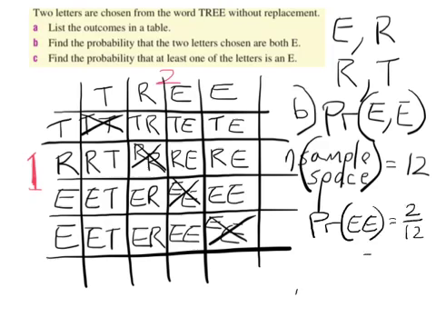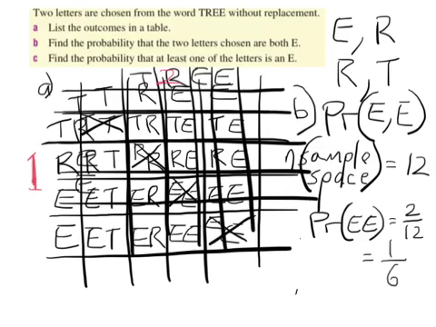Now we always like to simplify our fractions, and we can see that 2 over 12, 2 divides into itself once and it divides into 12 6 times, so that our probability is 1 in 6. So there's a 1 in 6 chance of picking out EE.